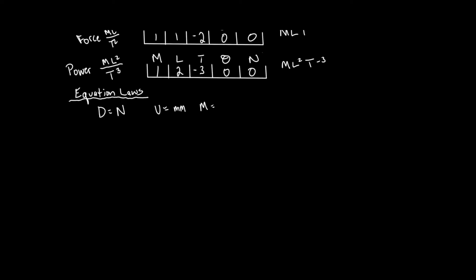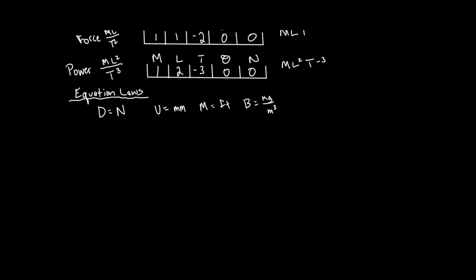M is going to be equal to, let's say, millimeters. No, we'll do feet. And let's say we've got a b, and our b is going to be equal to kilograms per cubic meter.